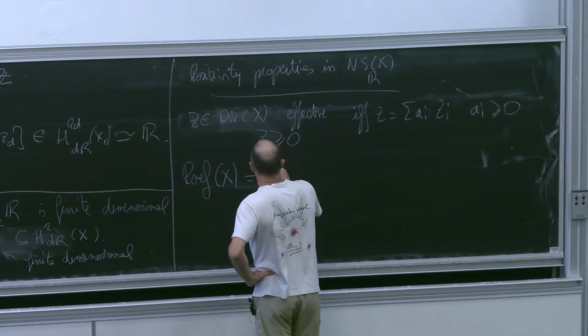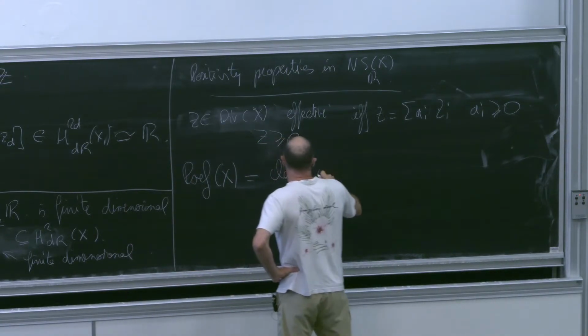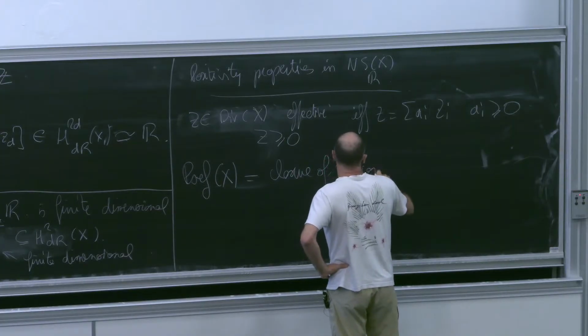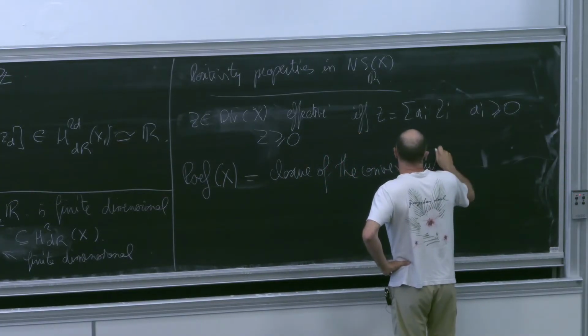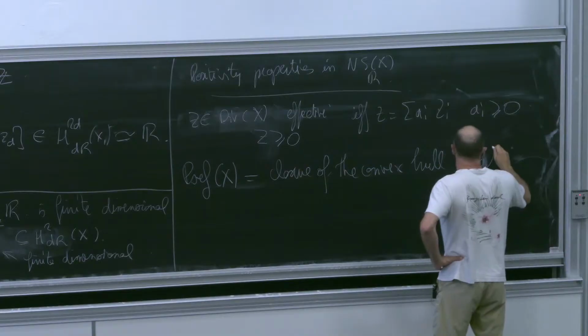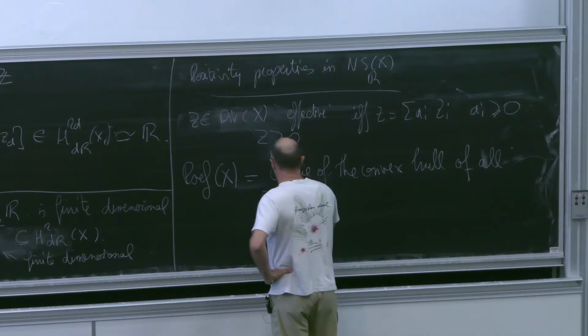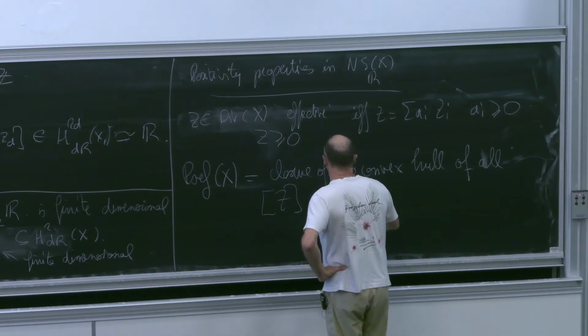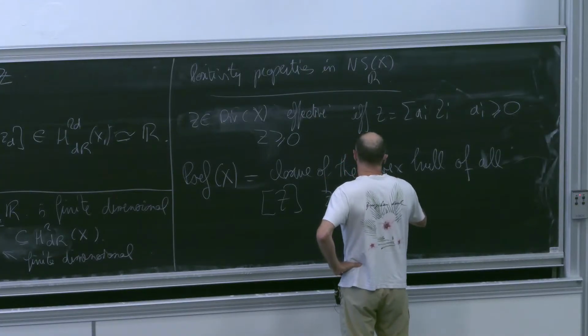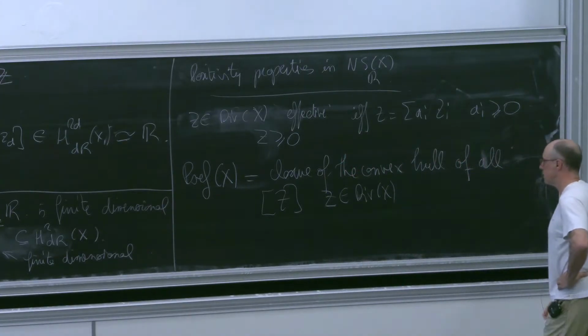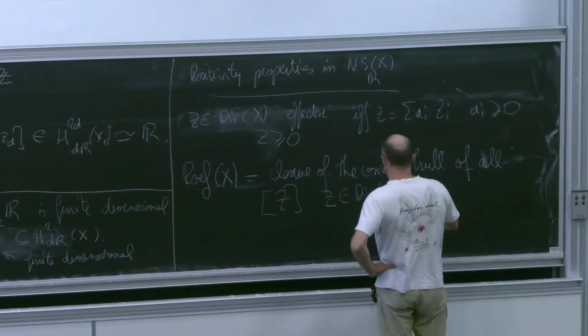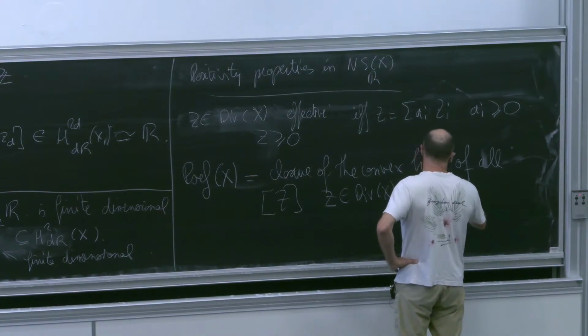So this is the closure of the convex hull of all classes Z inside the set of divisors of X, with Z effective.